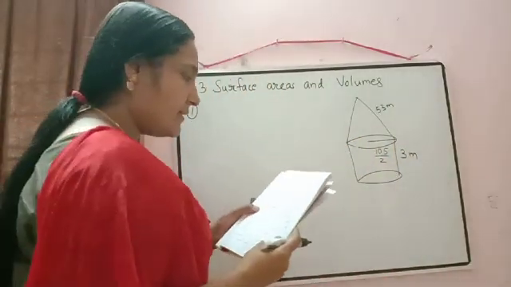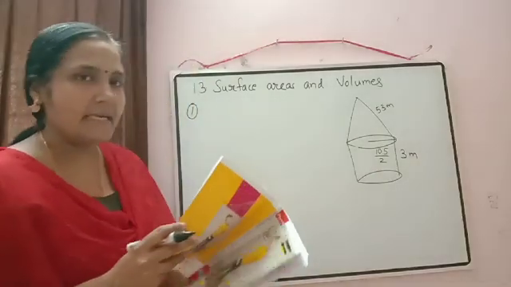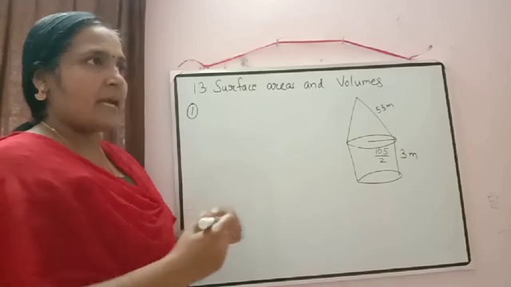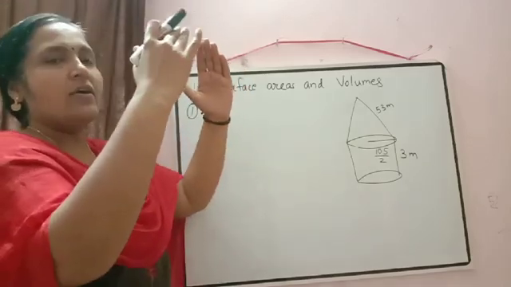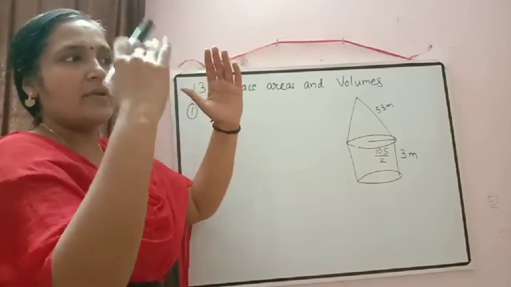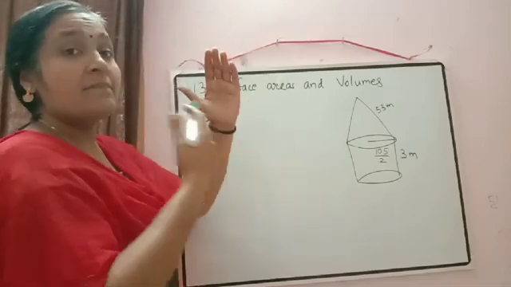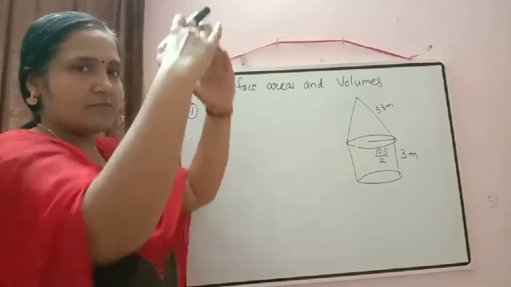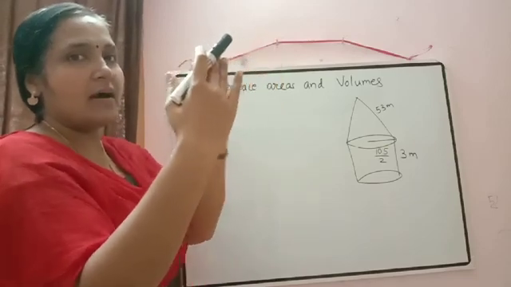It is asked to find the total canvas used in making the tent. If you imagine the tent, it is in the form of a cylinder with a cone above it. If you are making a canvas, you have to cover the cloth in this way, correct? So we are covering the curved surface area of the cylinder, and also the curved surface area of the cone.